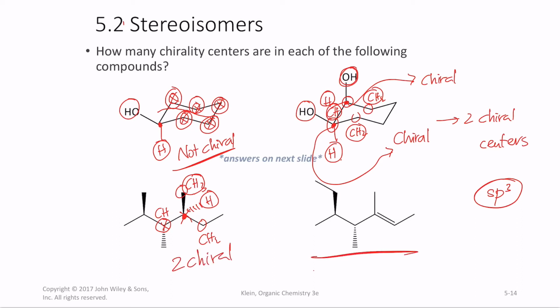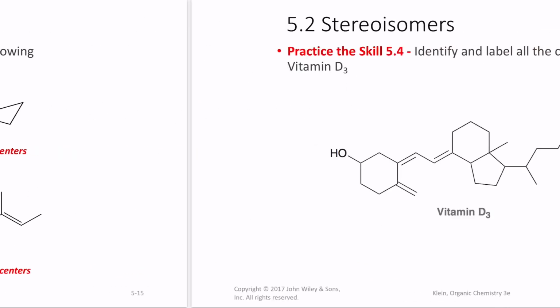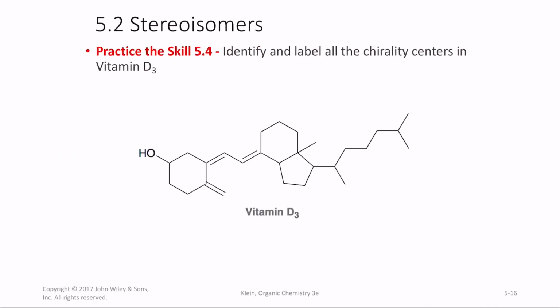So pause the video right here and try to see how many chiral centers this particular molecule has. Use the same process again. Try to do it for this problem.